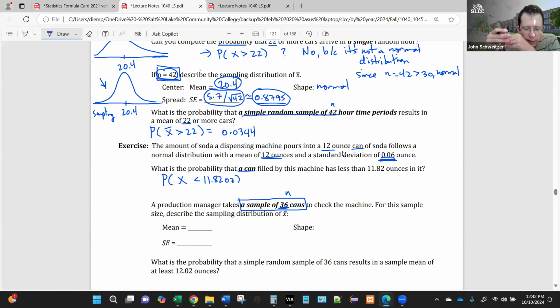The second one is more in the context of sampling. Maybe every day or every hour you get a random sample of 36 cans, you open them all up, you measure very precisely the amount of soda, and then you make some inference about whether or not your machine is running correctly.